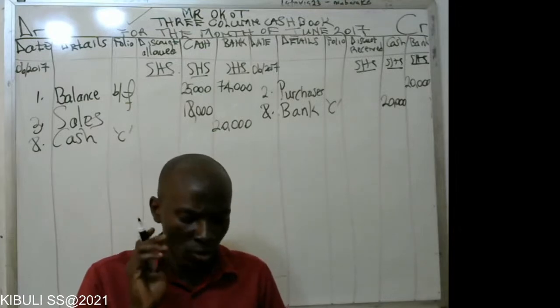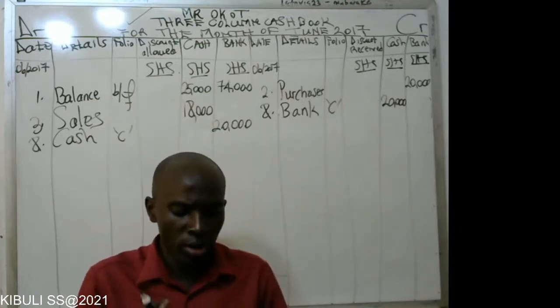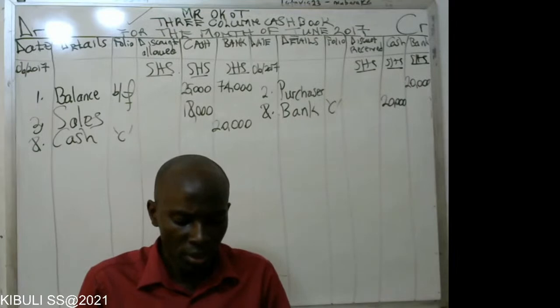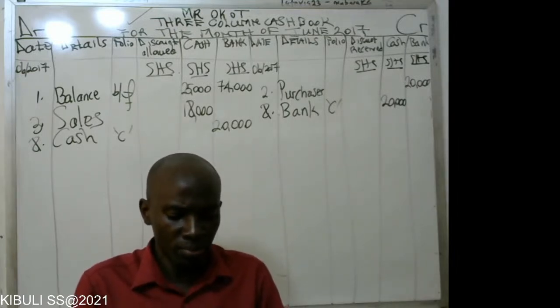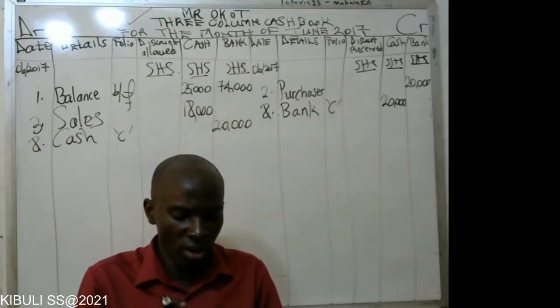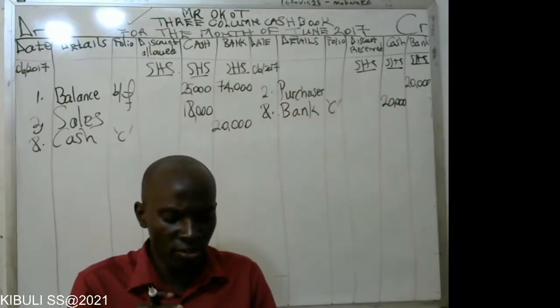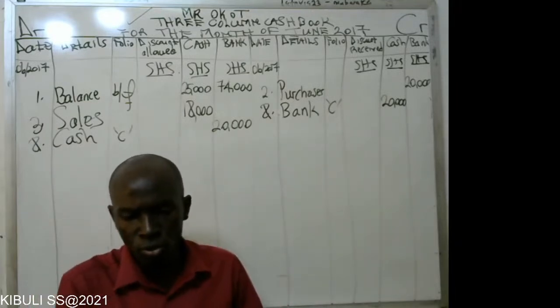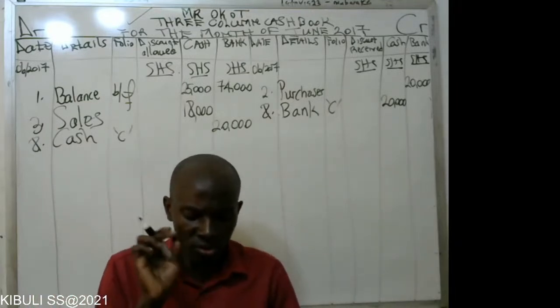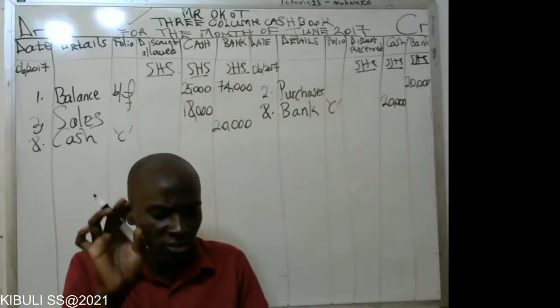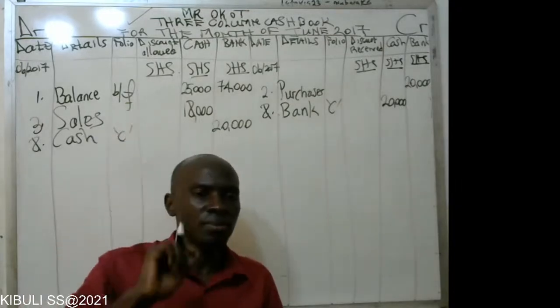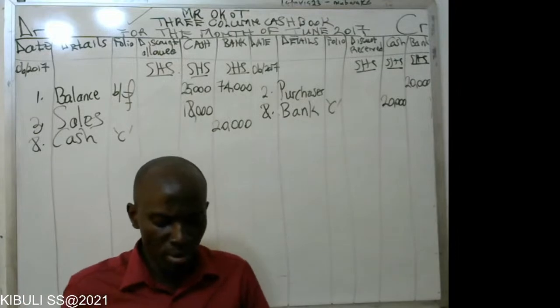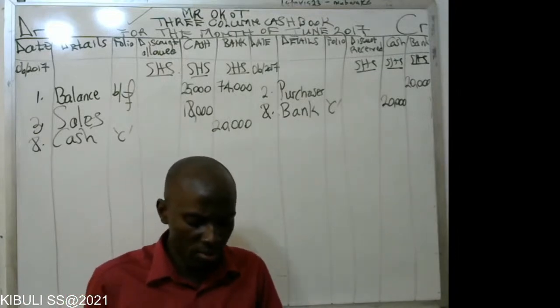Okay, so let us continue to another transaction on 18th. The transaction on 18th says, received a check. In each case, discount allowed. Now our discount has come into play. Received a check. In each case, discount allowed to those different people. Agnes, 40,000.